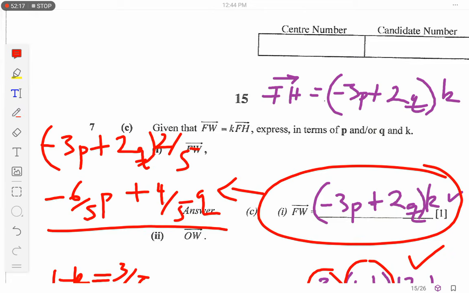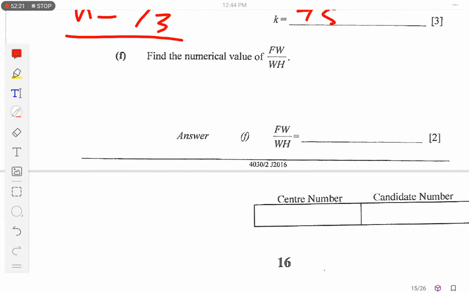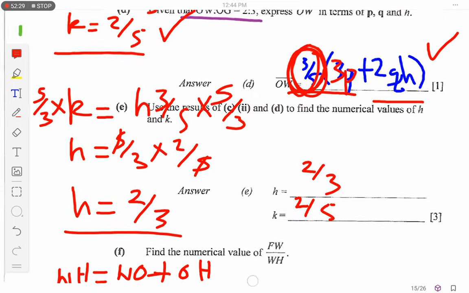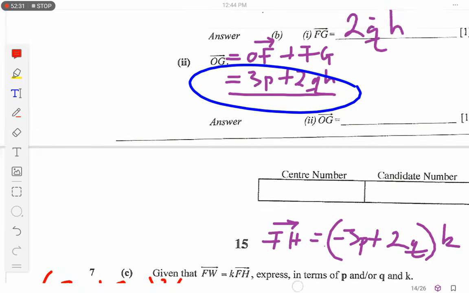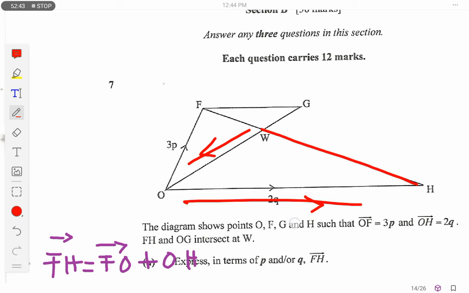Now let's look at our WH. WH is equal to WO plus OH. I'm taking it from the diagram there. WH, let's go to our diagram. WH, this one, WH is equal to WO and OH, that one.